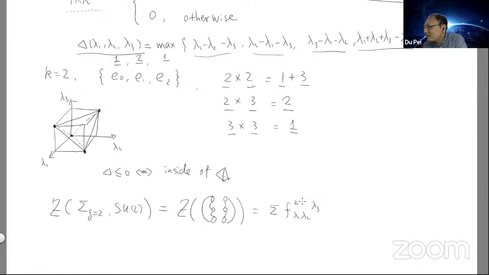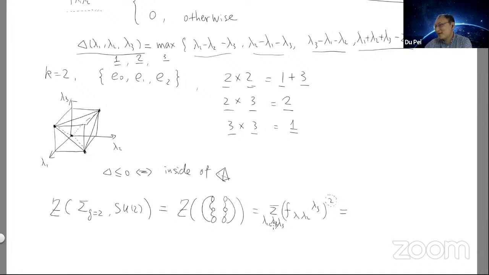You have this f, the fusion coefficient squared, with the summation run through lambda 1, lambda 2, and lambda 3. Well, but this is something quite simple because f is either 0 or 1. You can remove this square.